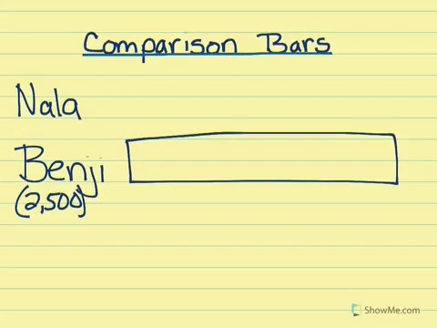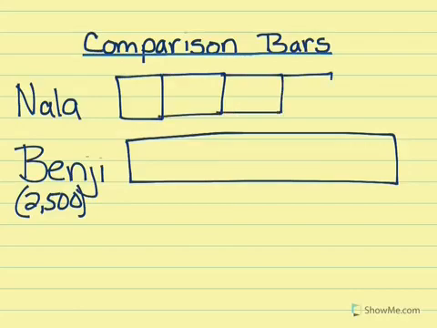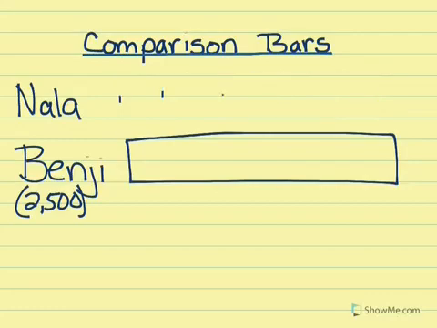But I know that Benji scored 5 times as much. So, hold on. I don't think my bars are right. They probably should be smaller. So I should have 5 of them.